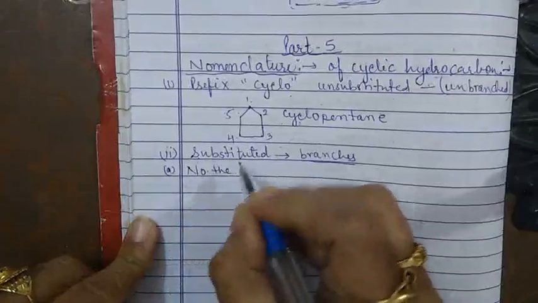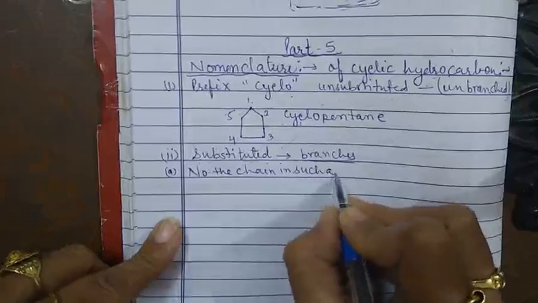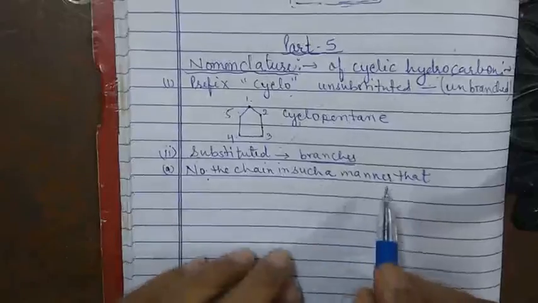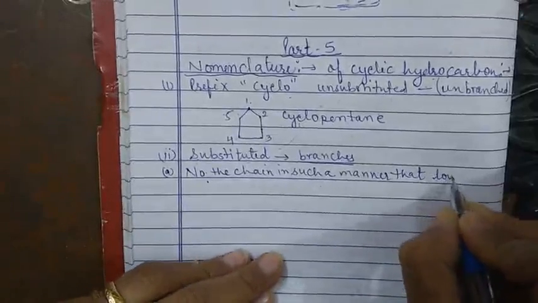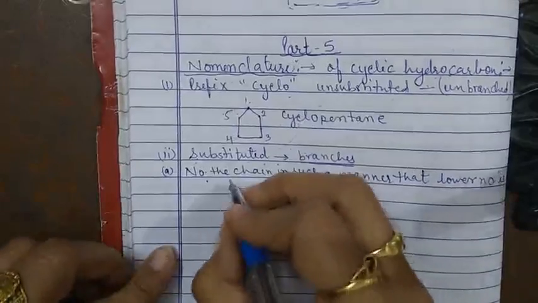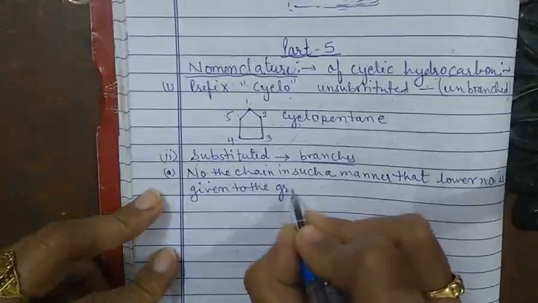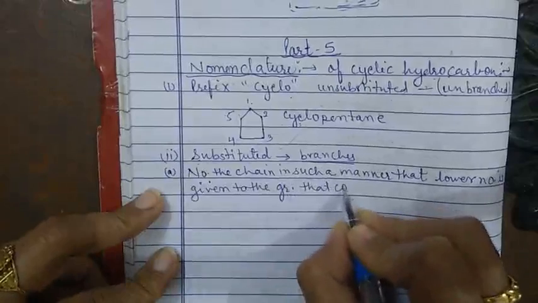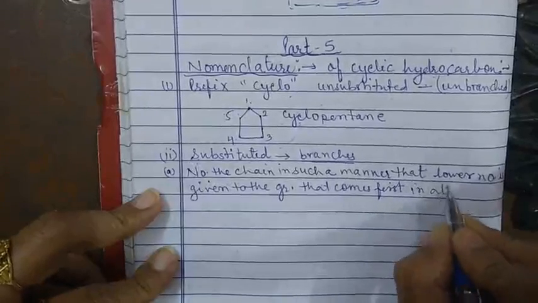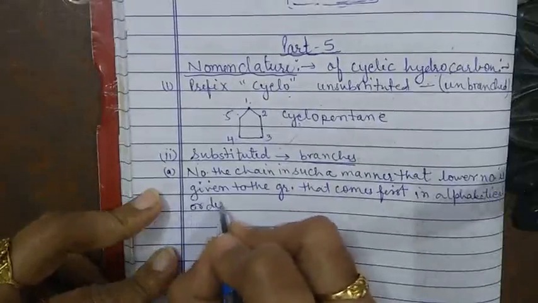The first rule is: number the chain in such a manner that the lower number is given to the group that comes first in alphabetical order.